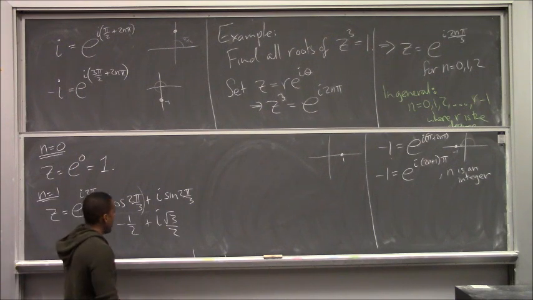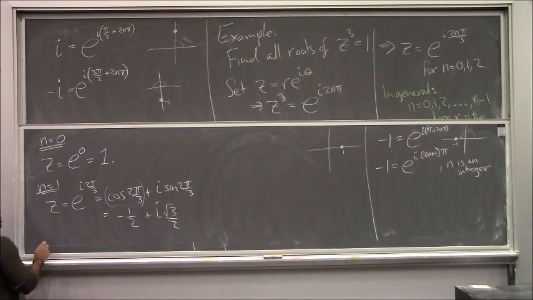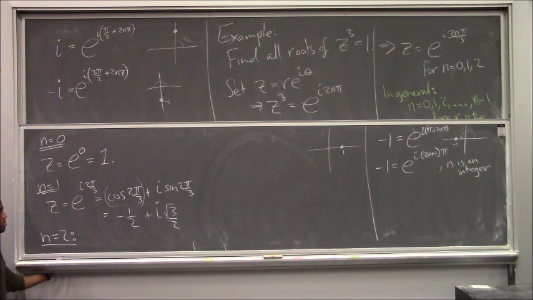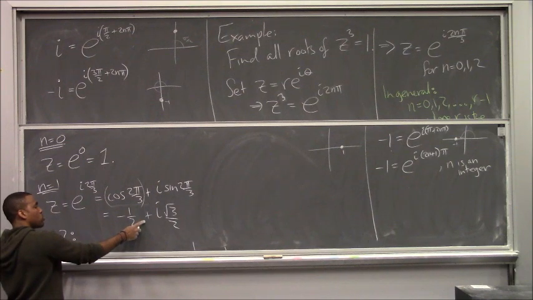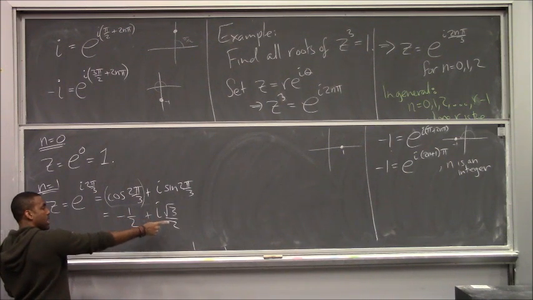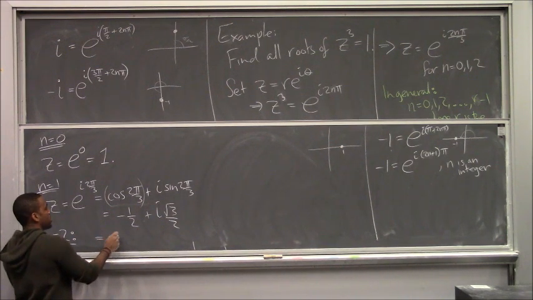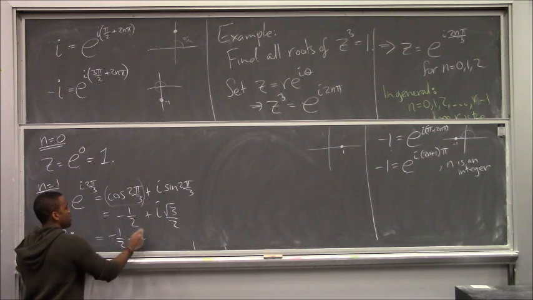By the way, there's a little shortcut you can have so you don't have to burn your brains out. Complex roots always come in conjugate pairs. So if you have a plus ib, there must also be a root of a minus ib.